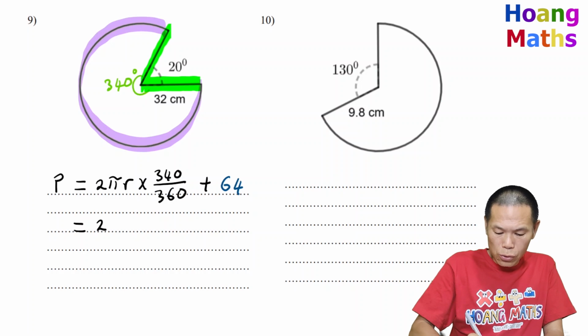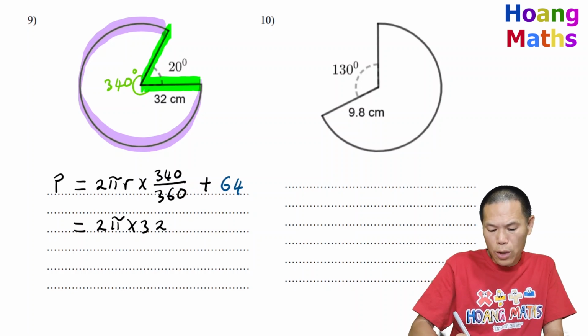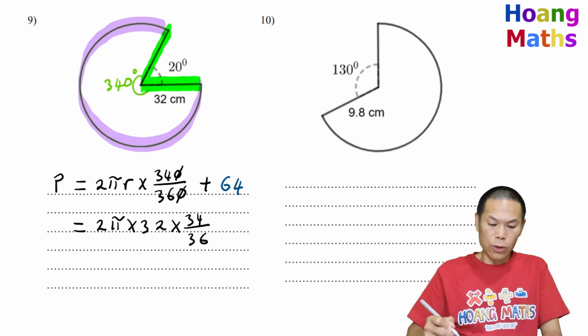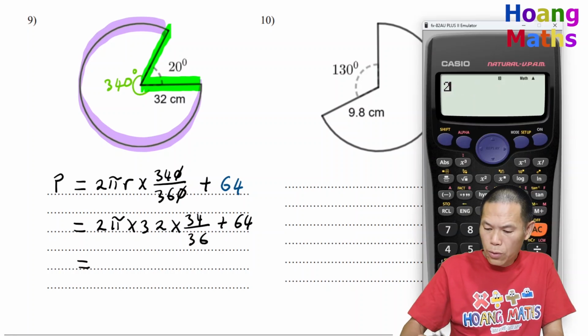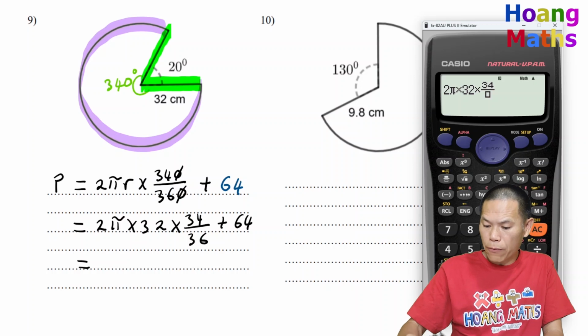So that is 2 pi times 32 times 34 out of 36. So I just cancel this. That's all it is. Then we add 64. That is 2 pi times 32 times 34 out of 36.